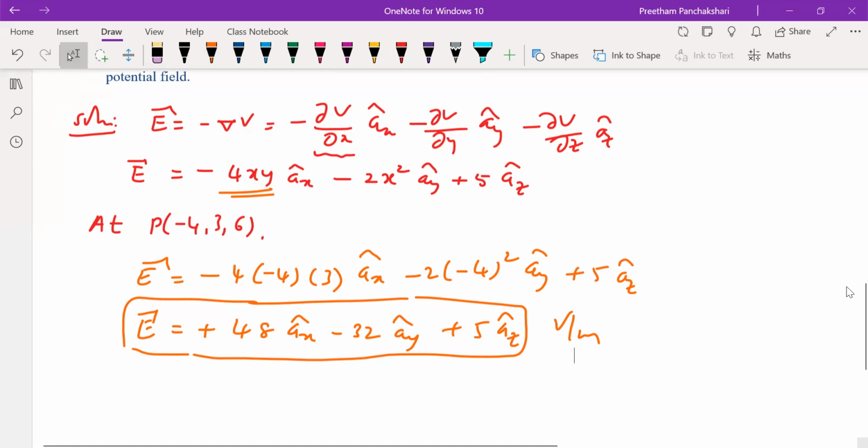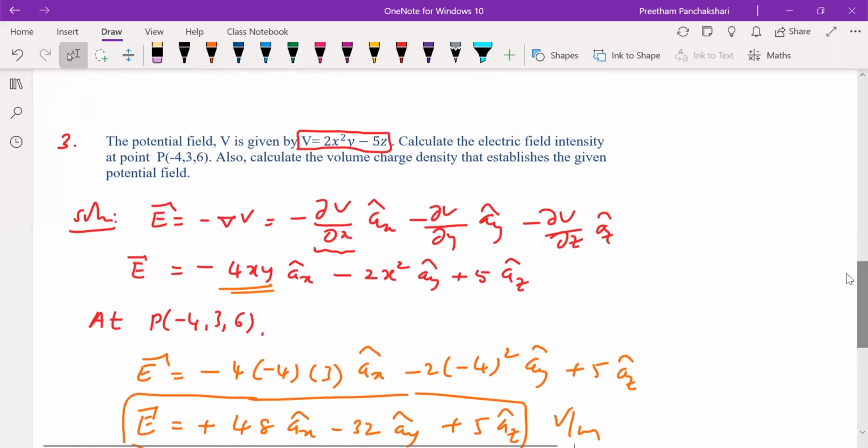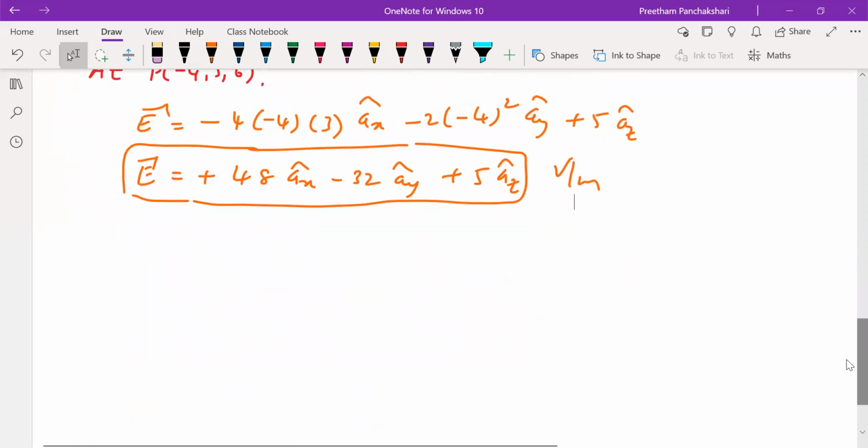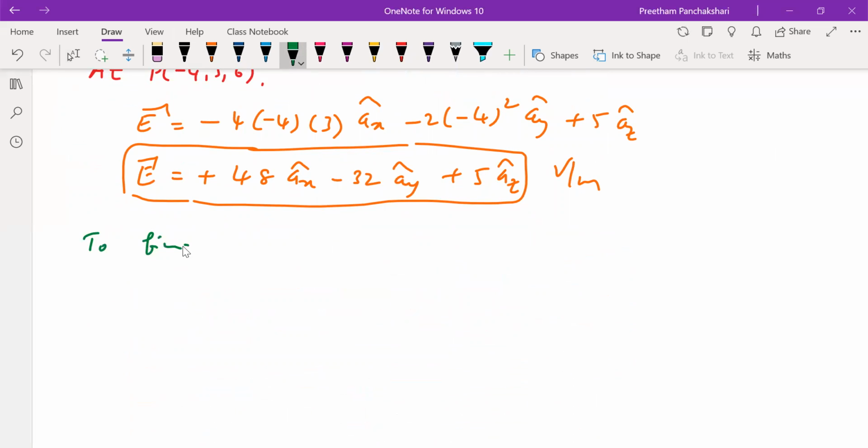Let us see what else is required. Calculate electric field intensity at the point minus 4, 3, 6. It's done. Also calculate volume charge density that establishes the given potential field. So keeping the same potential field V, we have to find volume charge density rho V, coulomb per meter cube.